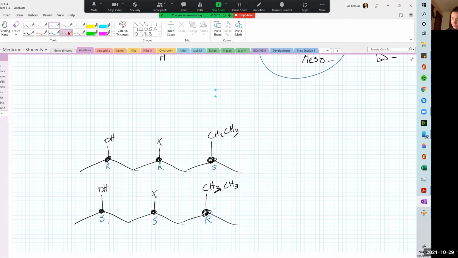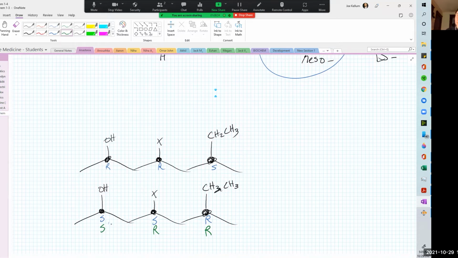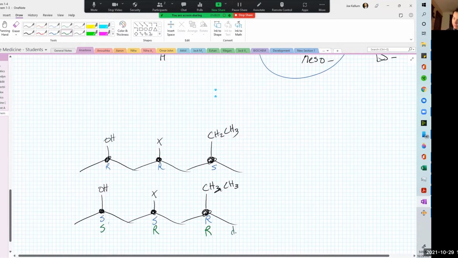All right. But if rather than that, what if I have S, R, R? Like the green one versus the blue one up there. It's a diastereomer because the middle one is not opposite. Right, exactly. So this would be one version of a diastereomer, whereas the blue one was an enantiomer.